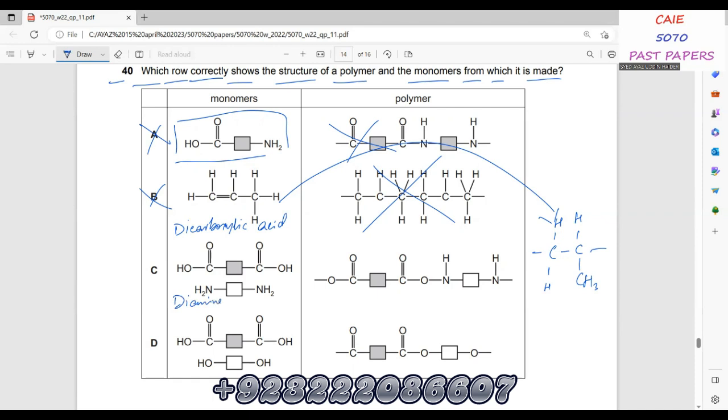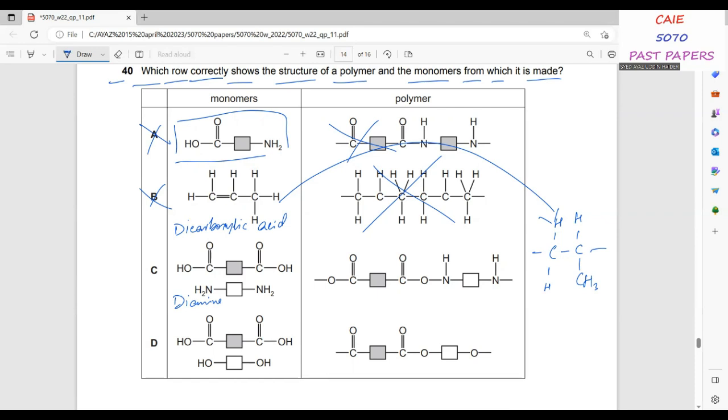If both of these react, they will form a polymer with C double bond O and NH as their functional group or linkage, which means you will get this: C double bond O, NH, again NH and C double bond O. Because this is an example of condensation polymerization, which involves the loss of water molecules.